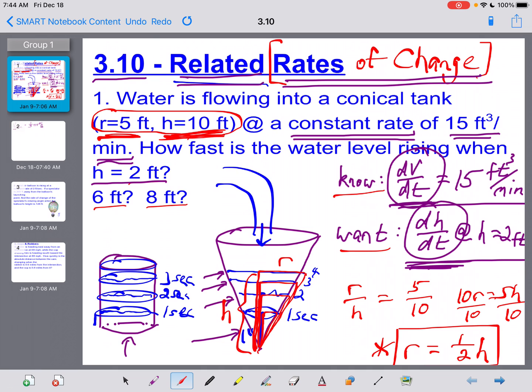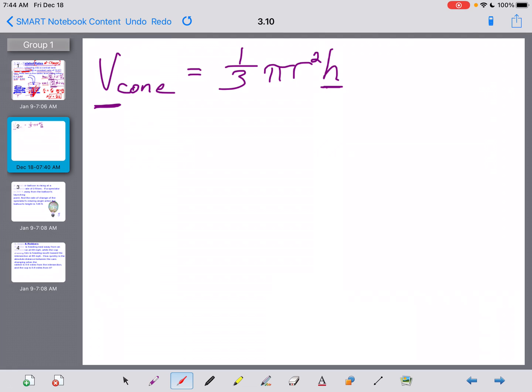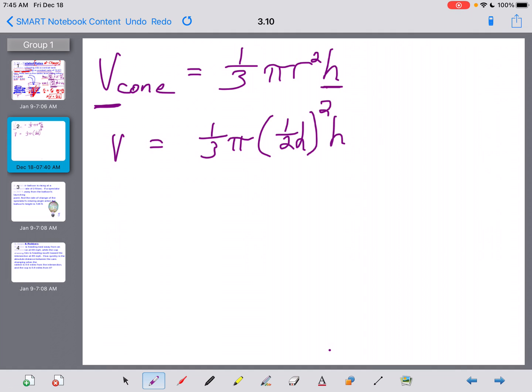So now that we know that R is equal to 1/2 h, we can go back over here and we can make a substitution. We can now say that the volume of that cone is equal to, here we go, we have got a 1/3 times a pi. The radius we just got done saying was a 1/2 h. So there's your radius. Don't forget to square that radius, and we multiply that by h yet again. So I'm going to go ahead and clean that up a little bit, guys, and do this on the same line.